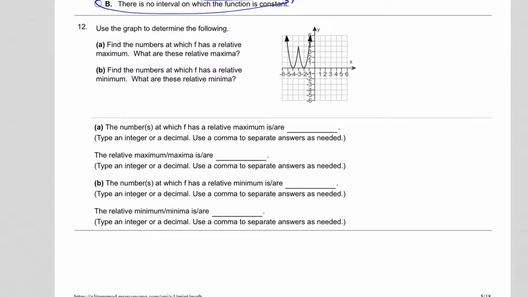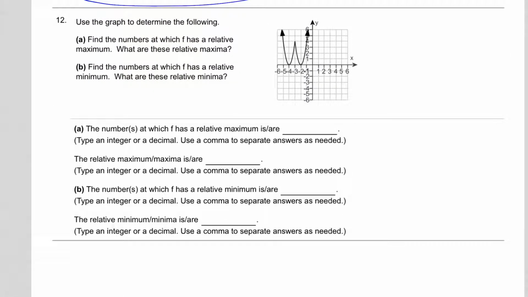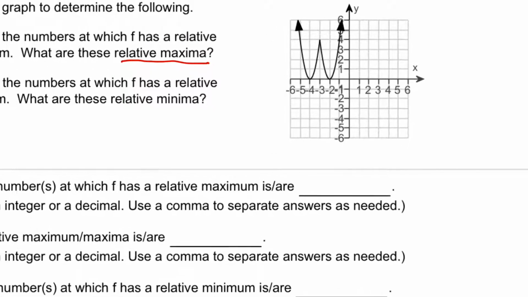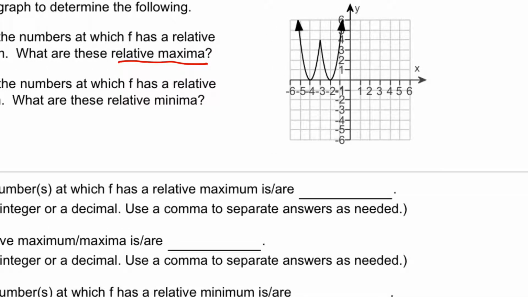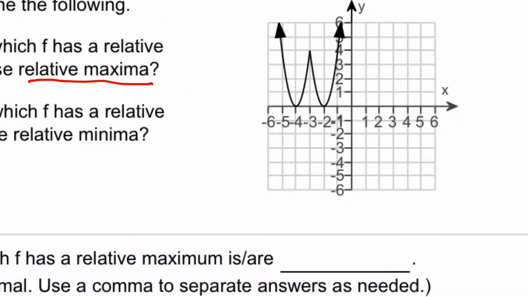Number 12, maxima, minima, relative maxima, relative minima. So let's take a look at this word first. So we can see that although these go forever and there is no maximum there, there is a relative maxima right there. In this general location, it reaches, it gets maxed out.